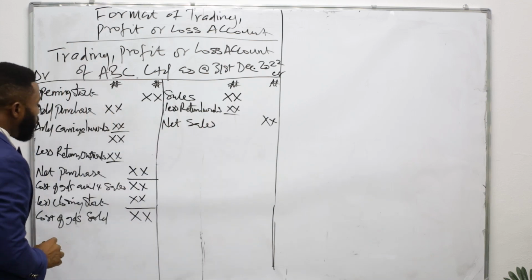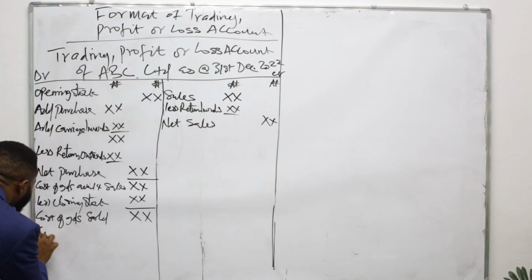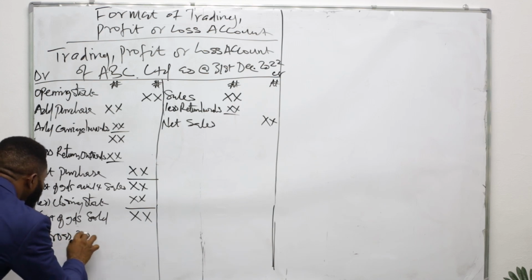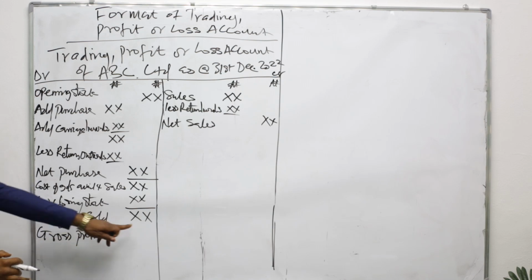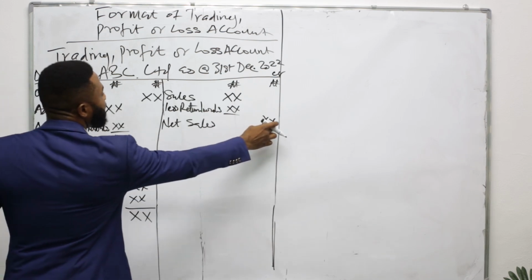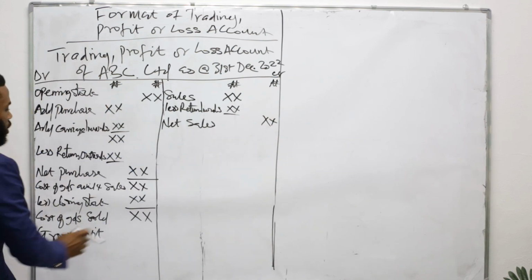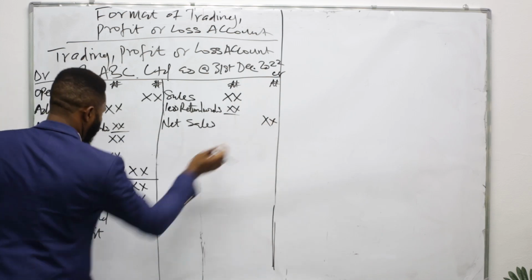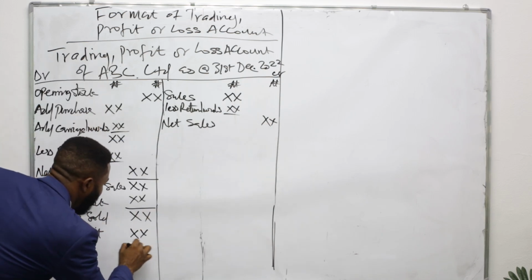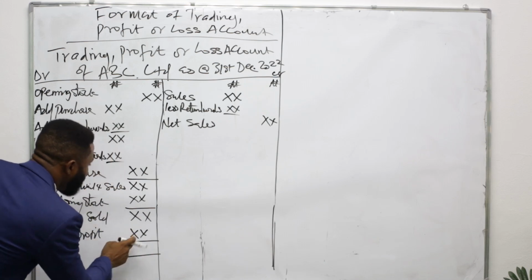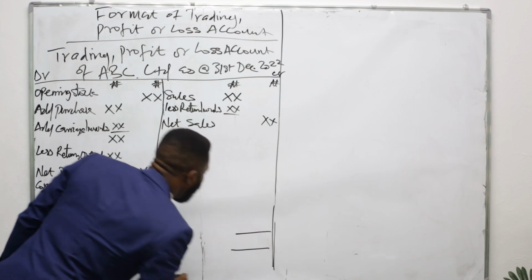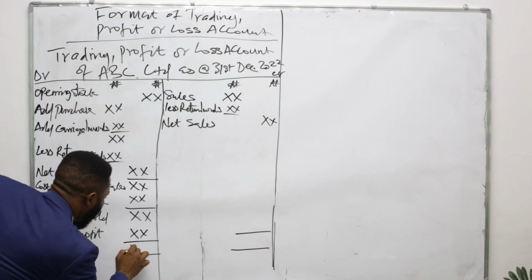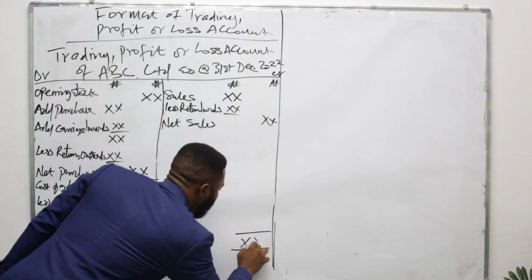So your gross profit here is simply the difference between your cost of goods sold, which is this value, and your net sales. So when you subtract here from here, you have a value here, and then this value will be added to here to give you what we call the total of your account.